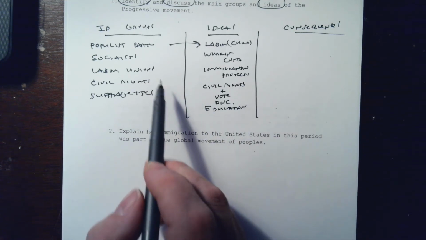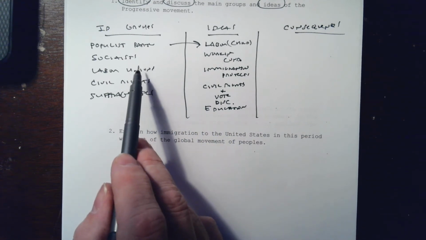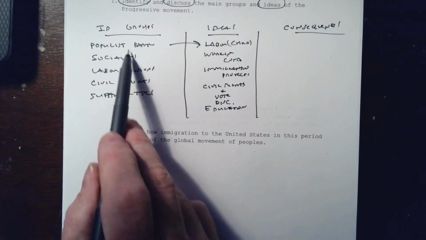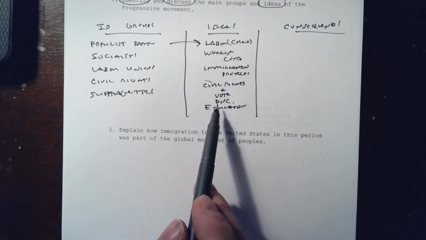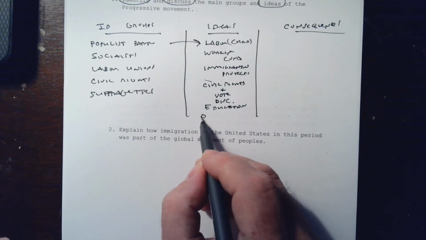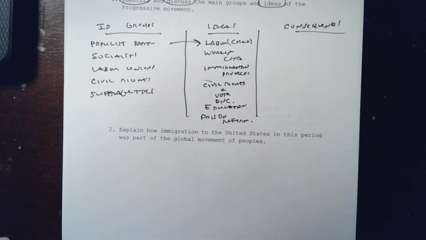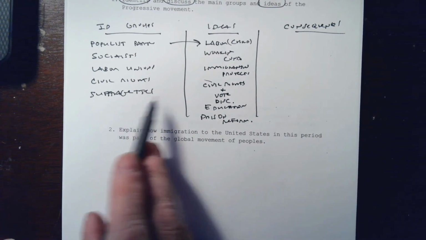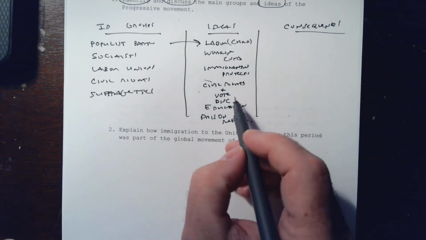Now, that's not to say all these groups embrace them, but they're pretty self-explanatory if you look at the groups and what they're going to associate. These are all the main ideas, and you can also throw in prison reform as well. Suffragettes: voting, civil rights, voting, discrimination in employment.